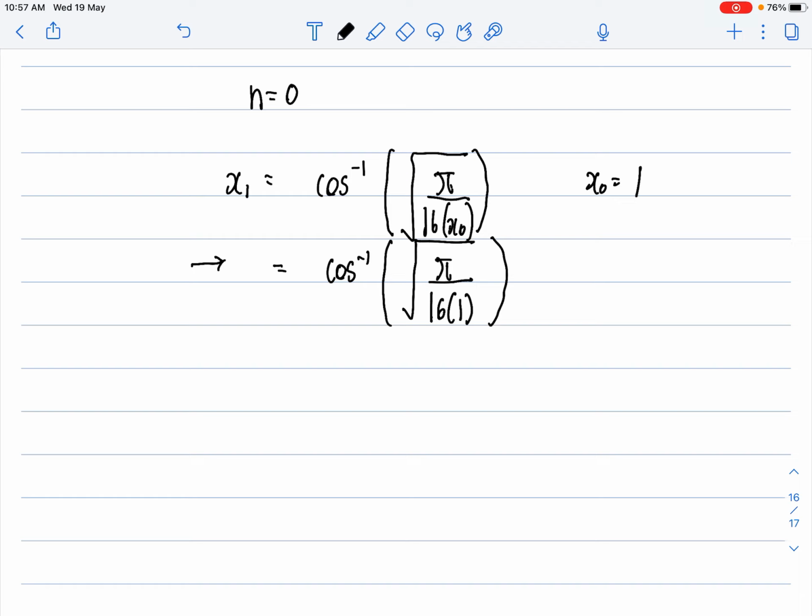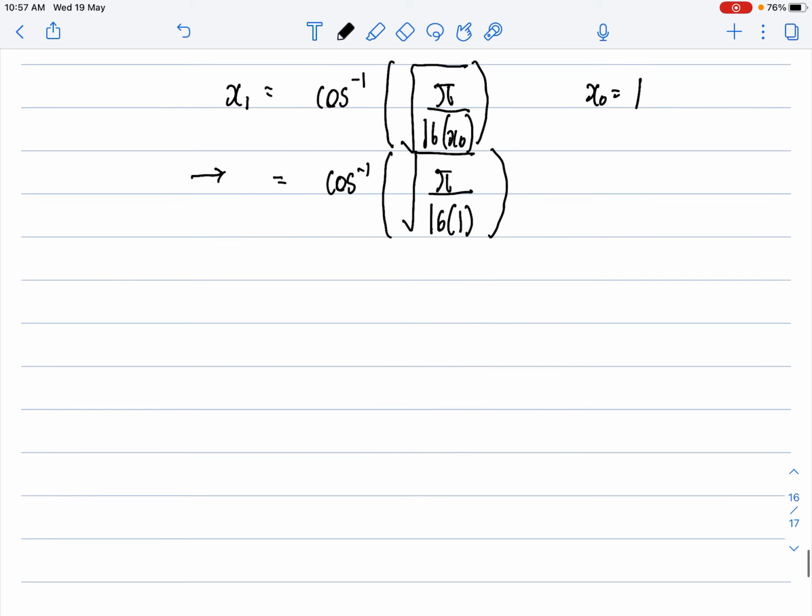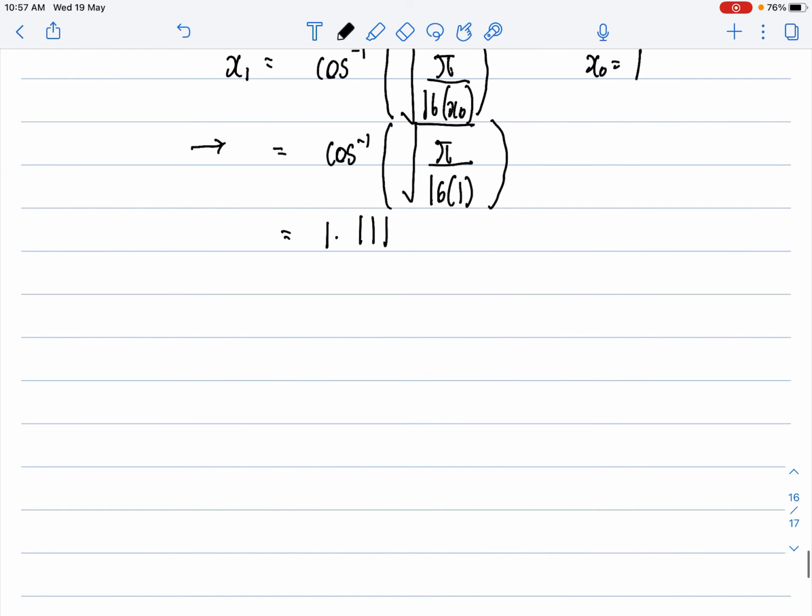Make sure you're on the radian mode. So when you write this, you get the answer as 1.111. I need to give each iteration to 5 decimal places. So 7, 3. So I have x1 here.